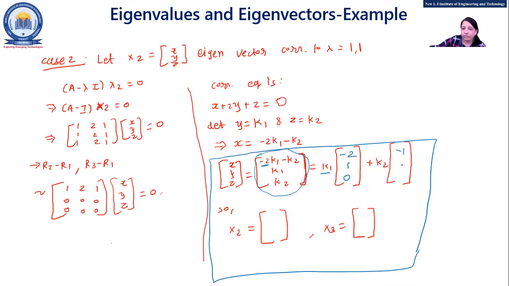Here there is no k2, so 0. Here it's a 1. So what happened? We found two eigenvectors. This is the first one: minus 2, 1 and 0. This is the second one: minus 1, 0 and 1. So in that way you can find the eigenvectors if your eigenvalues are repetitive. Clear? If eigenvalues are repetitive. Fine? Okay.